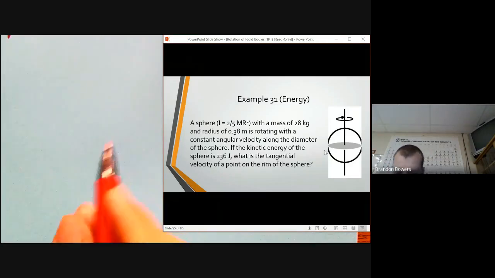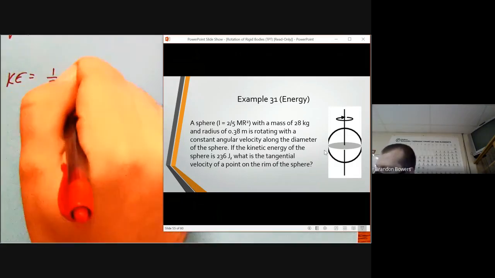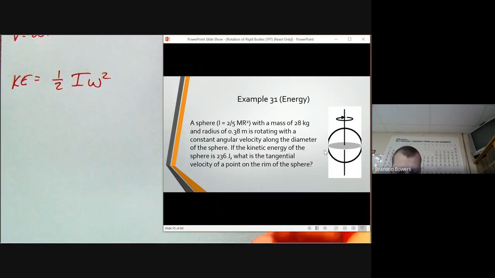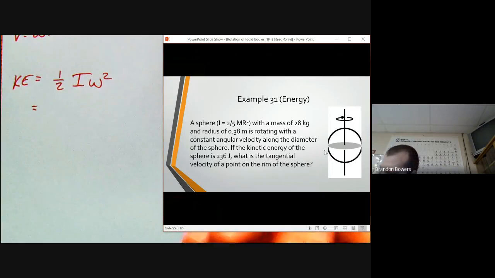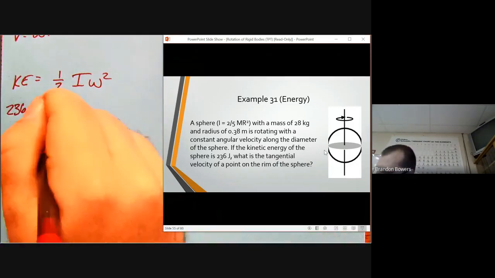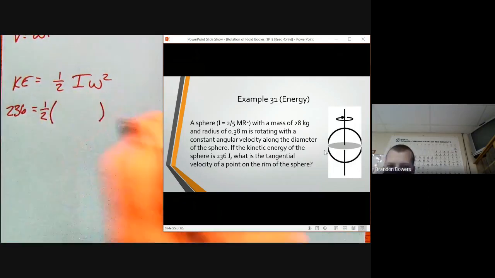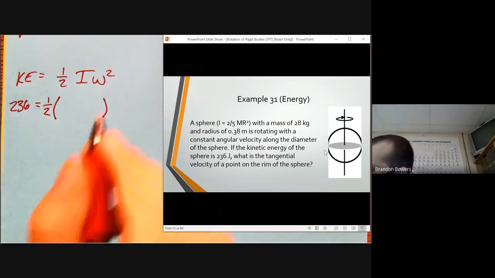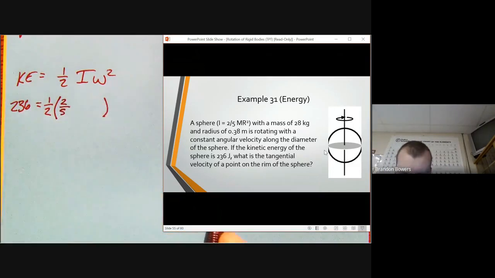All right. So we know my kinetic energy is 1/2 the inertia omega squared, correct? I know my kinetic energy is 236 joules. They tell me that in the problem. 1/2, and now my I equation, I'm going to put a big parenthesis here. My I equation is 2/5 m, so what's the mass?